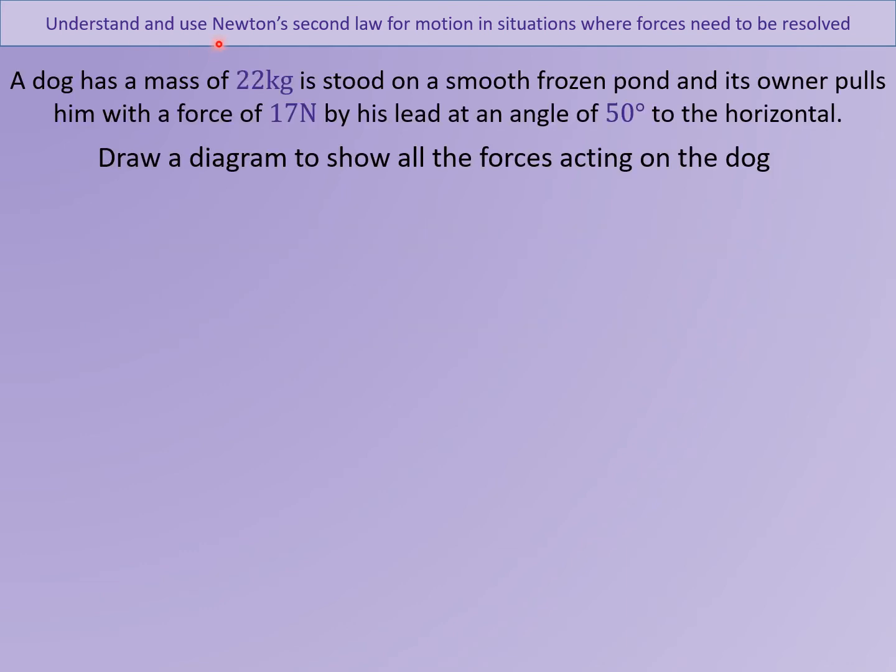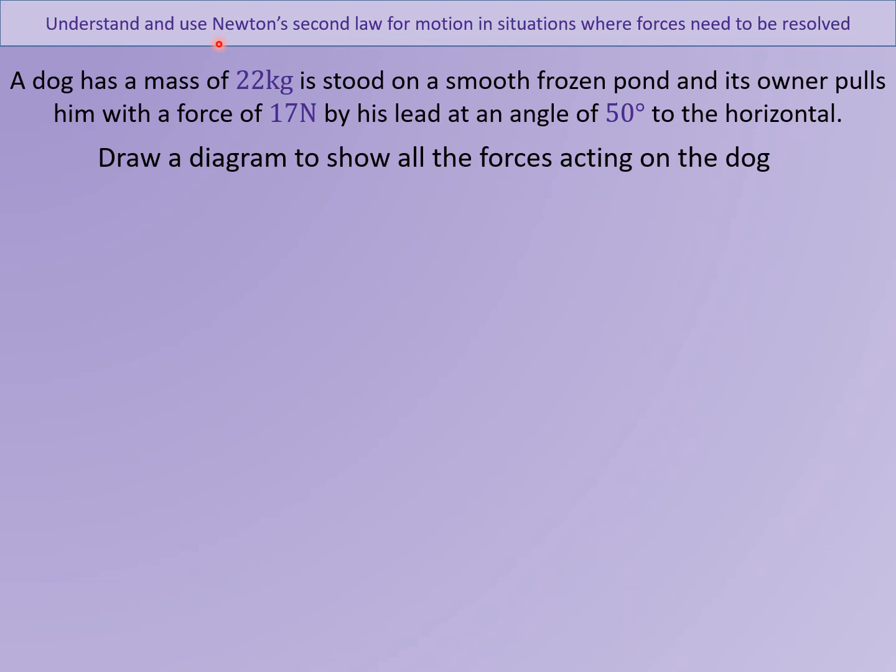Okay, so let's have a quick look at this everyday life situation. A dog has a mass of 22 kilograms and an owner is taking it for a walk on a smooth frozen pond. Now, what's important about the words smooth frozen pond, or certainly the word smooth would have been more than enough. What would it mean to be smooth? We use the word smooth in maths to represent something that does not have a frictional force.